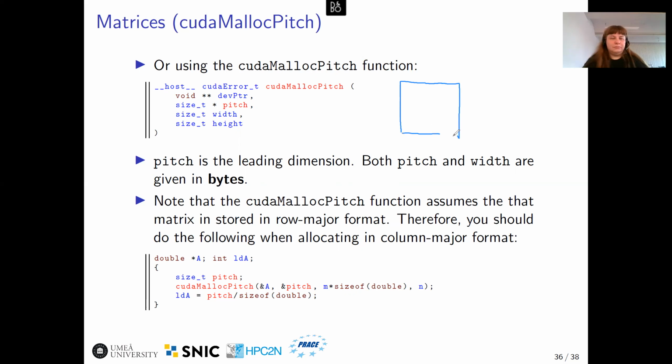Yeah, in C, the way you would usually store matrices is that you would store each row continuously in the memory. And this is just a convention with C codes in general. In this case, the width would be here, and that is given in terms of bytes.